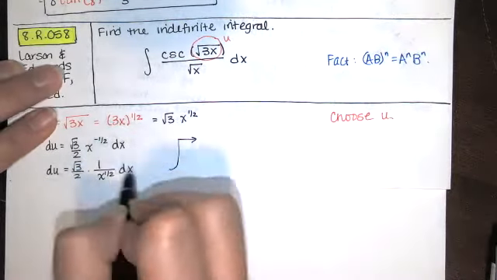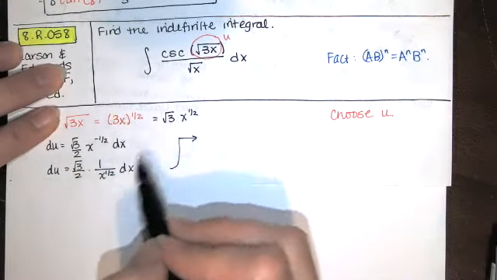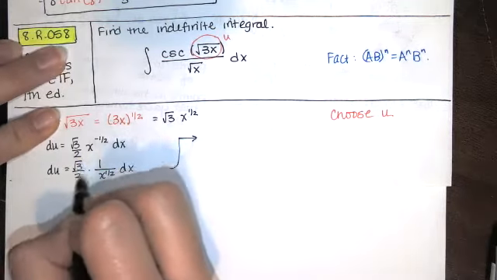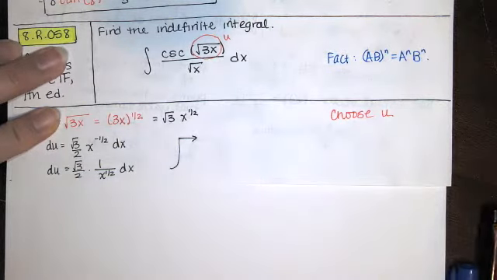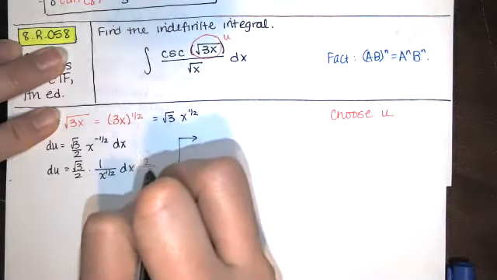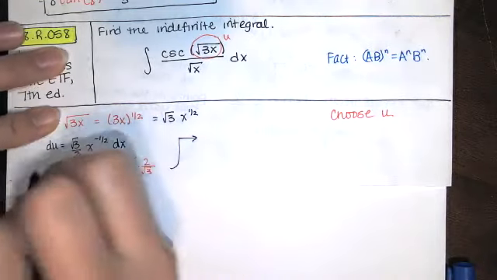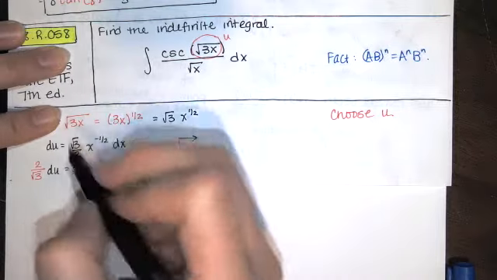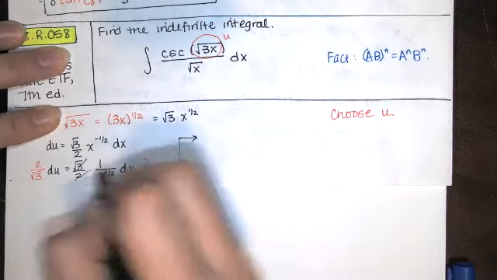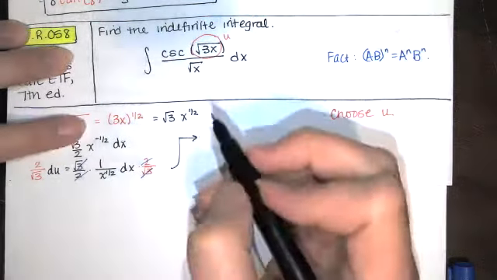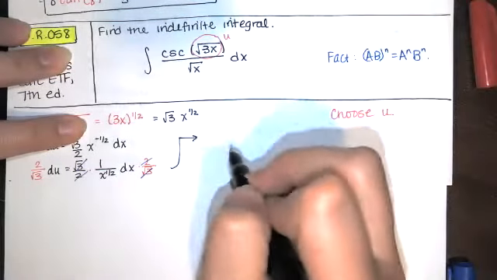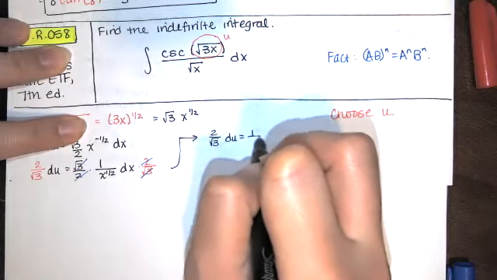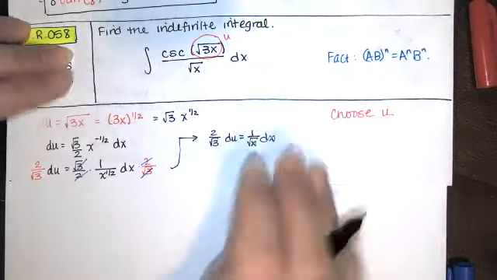So we can take this equation and solve for this 1 over the square root of x dx by multiplying both sides by the reciprocal, trying to get rid of that square root of 3 over 2. So I'll multiply both sides by 2 over square root of 3. And those will reduce. And we find that 2 over square root of 3 times du is 1 over square root of x times dx.